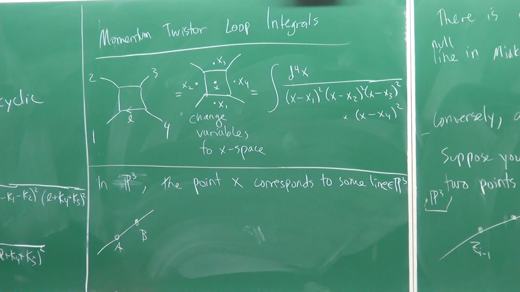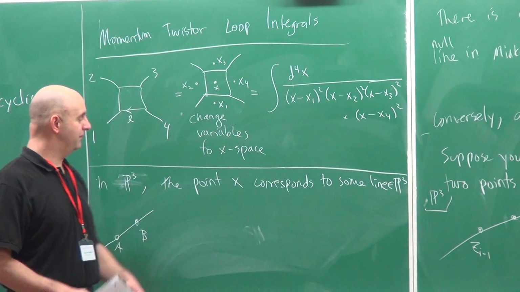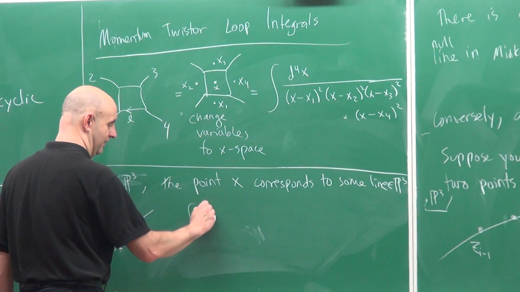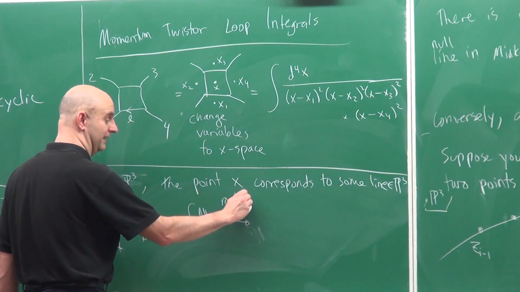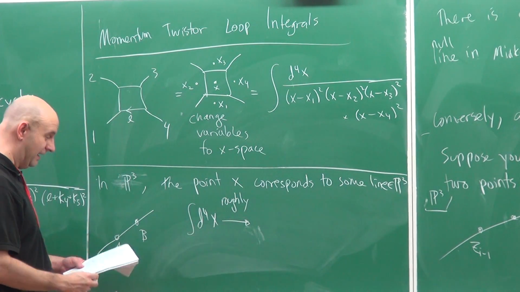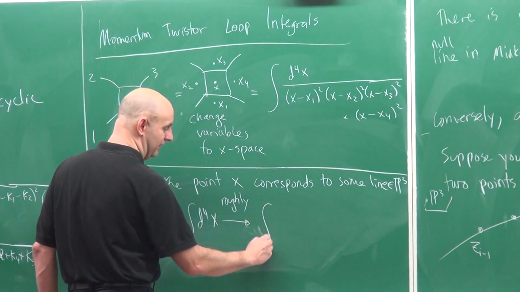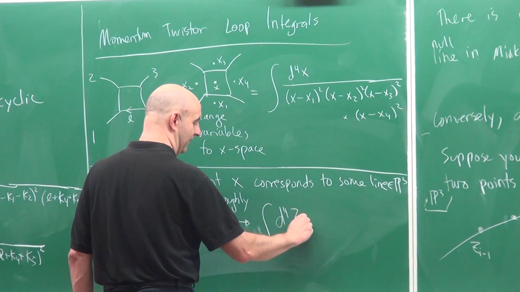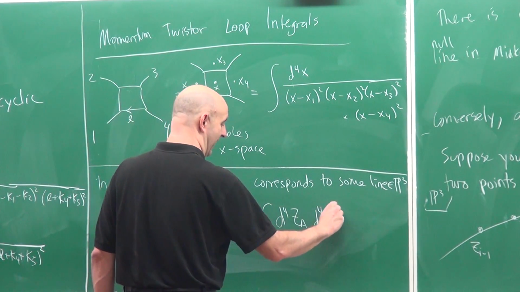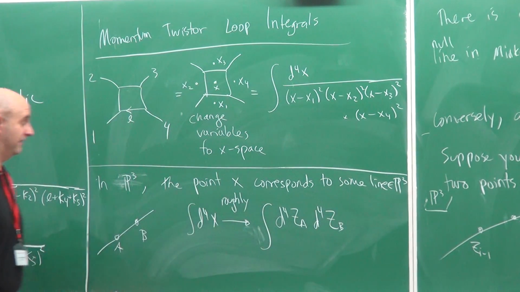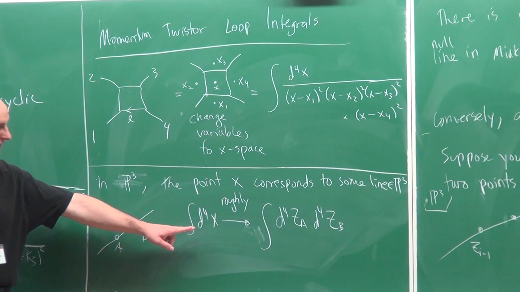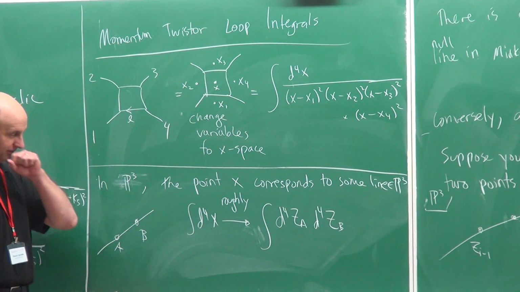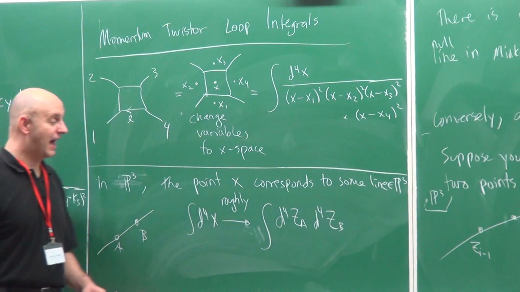Let's call them A and B. So anytime we see an integral d4x, that should correspond, and I'll first write roughly, and then we'll figure out exactly, to an integral over the 2 points A and B that specify the line. So the idea here is instead of integrating over all points in Minkowski space, we can integrate over lines in P3.